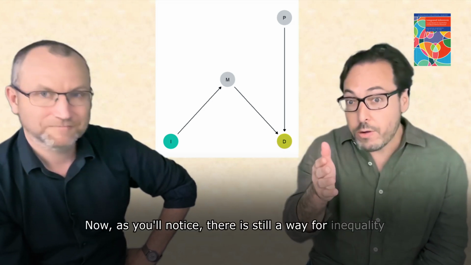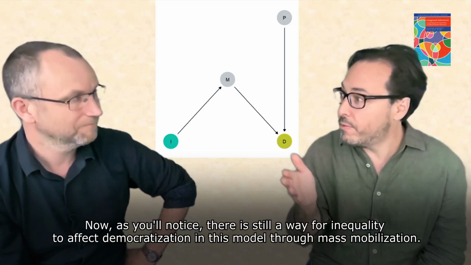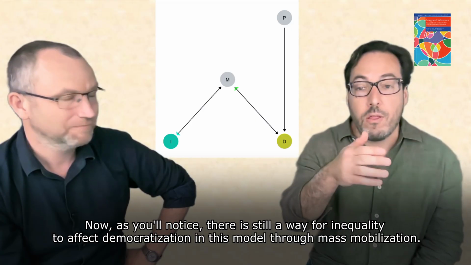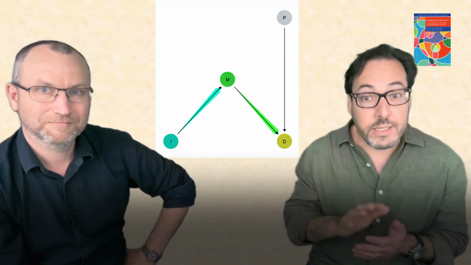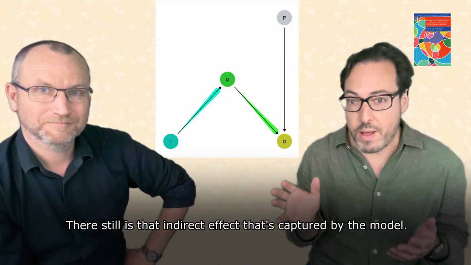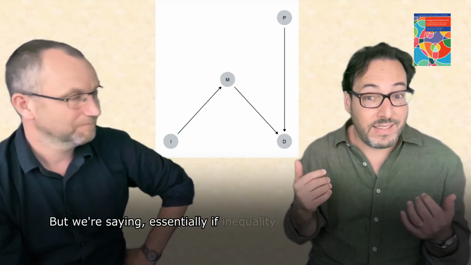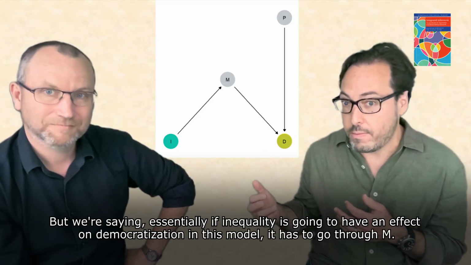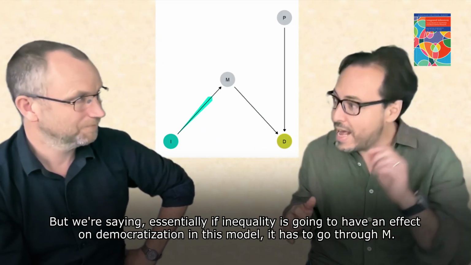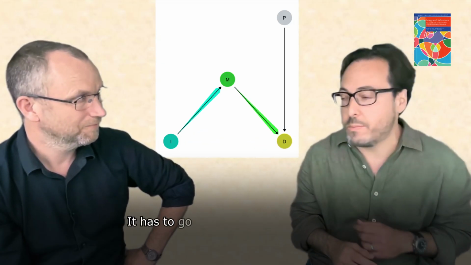Now, as you'll notice, there is still a way for inequality to affect democratization in this model, right? Through mass mobilization. So that's fine. There still is that indirect effect that's captured by the model. But we're saying, essentially, if inequality is going to have an effect on democratization in this model, it has to go through M. It has to go through mass mobilization.